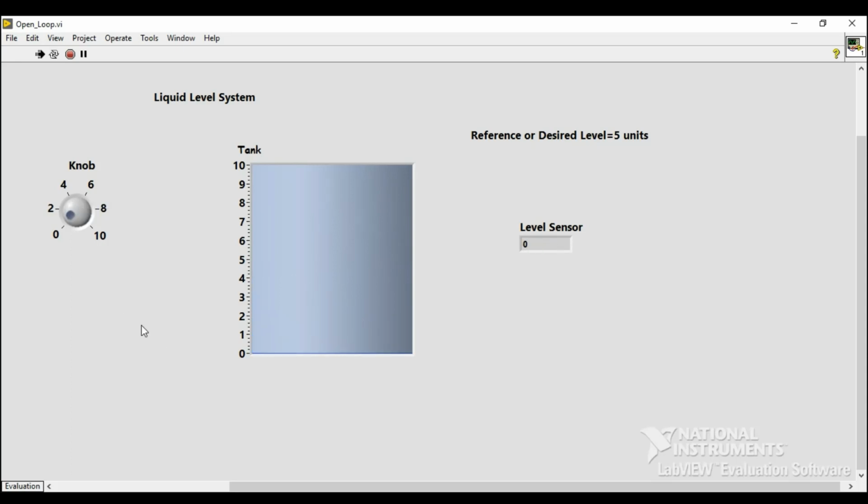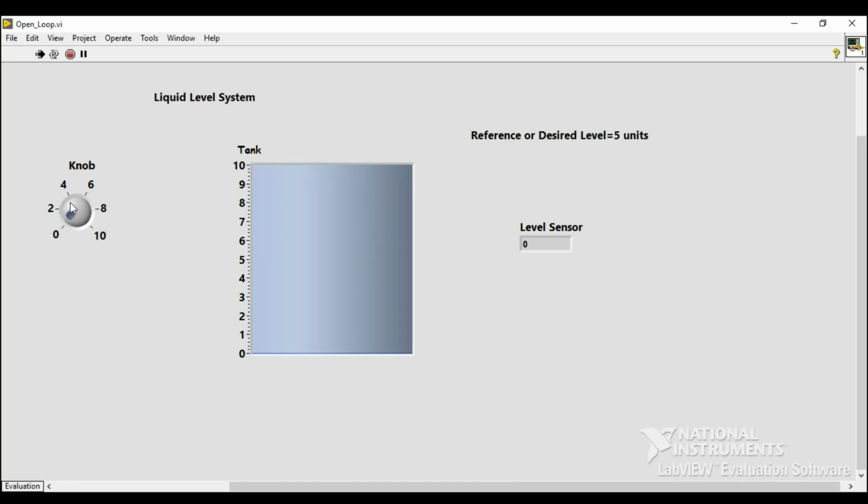Now suppose there is a person who controls this knob for getting a desired level of liquid in the tank, but does not have access to this level sensor. He cannot see the level sensor. So suppose we have a desired level of 5 units.